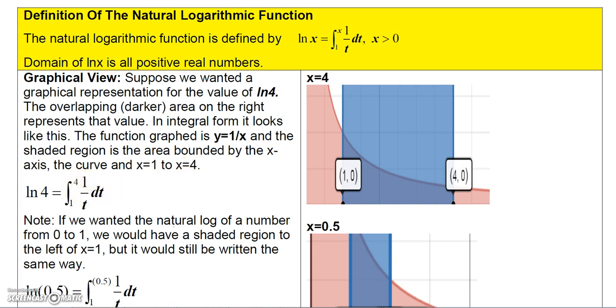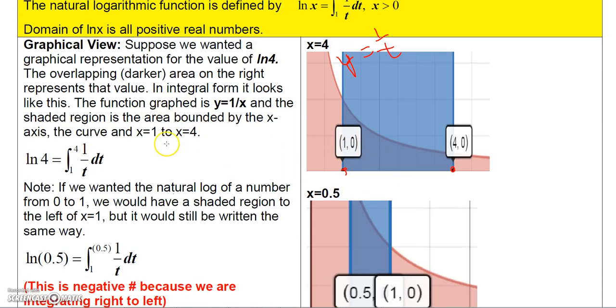So if you were to graph the function here, let's say this function is 1 over t, then if you integrate this function from t equals 1 to t equals 4, that would give you this area under the curve, and that area would actually equal the natural log of 4.